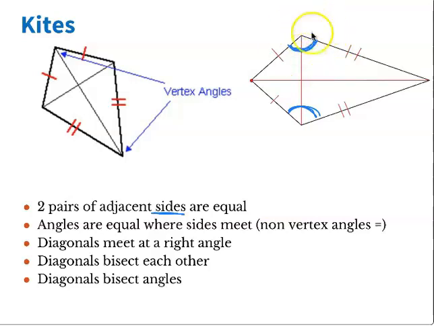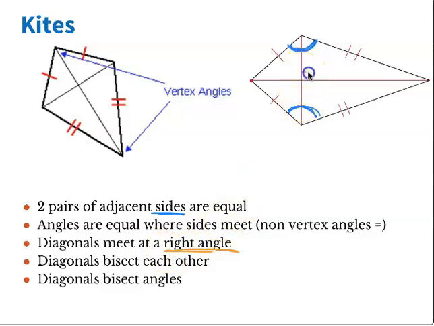So we only have 1 set of congruent angles, where our 2 unequal sides meet the vertex. Your diagonals are going to meet at a right angle.